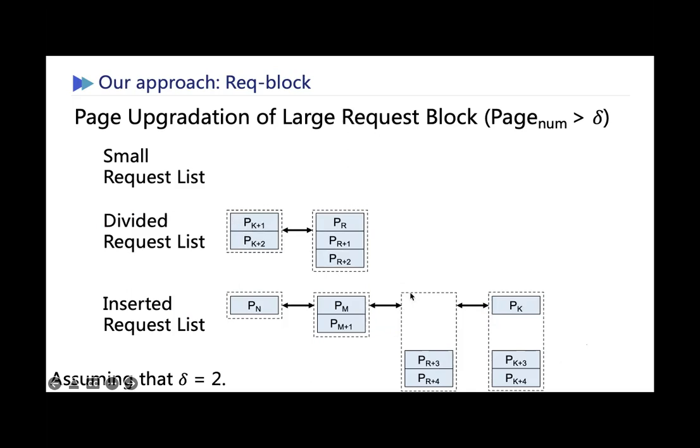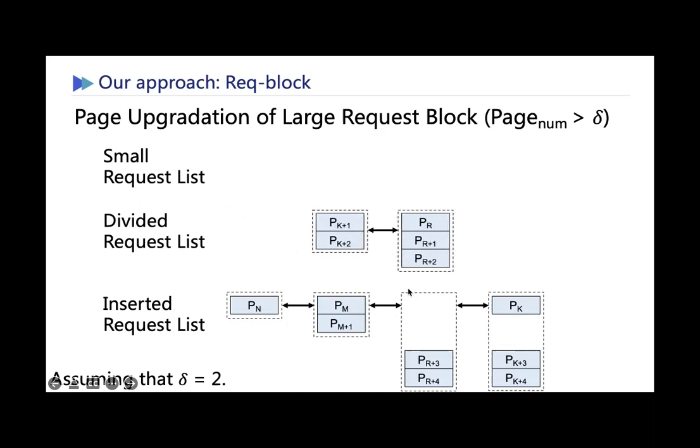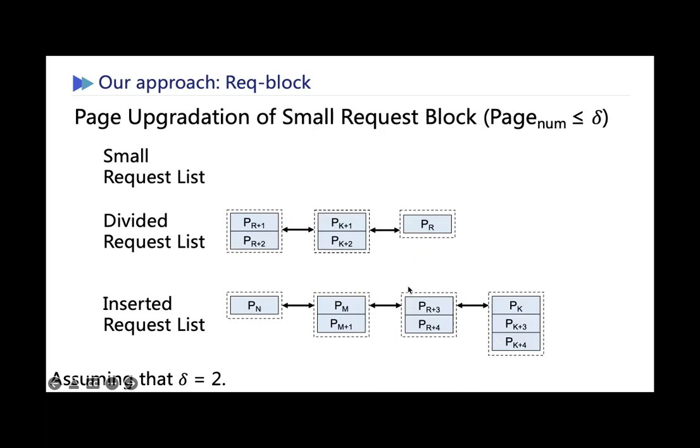Besides, the divided request blocks in DRL may still be large request blocks. For the page hits, we make another split for the request blocks. When a page of a small request block is hit in the cache, IQ block adjusts it with an upgradation operation and directly moves the hit small request block to the head of the small request list.